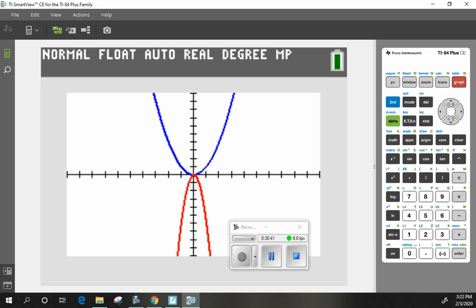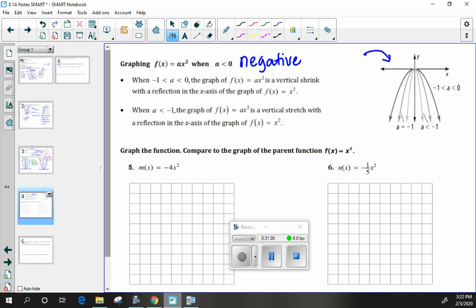And then the value of a decides how narrow or wide the graph is, what we call vertical compression or vertical stretch. But the sign decides upward or downward. So that's the last big idea that I really want to get across to you guys.